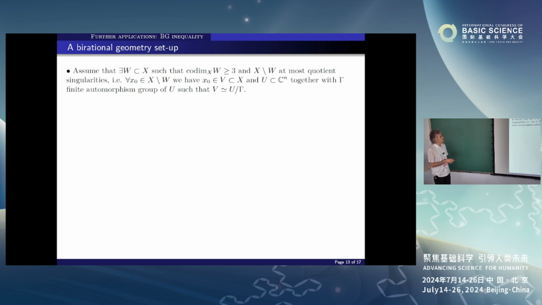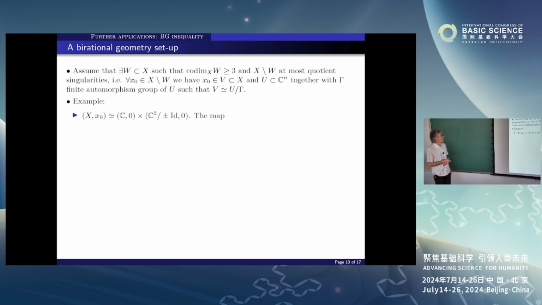Right? So locally at each point of the complement of this high codimension set, you know that you have neighborhoods which are quotients of open subsets in Cn modulo some finite automorphic group. This is what is happening, for example, if X has so-called KLT singularities.